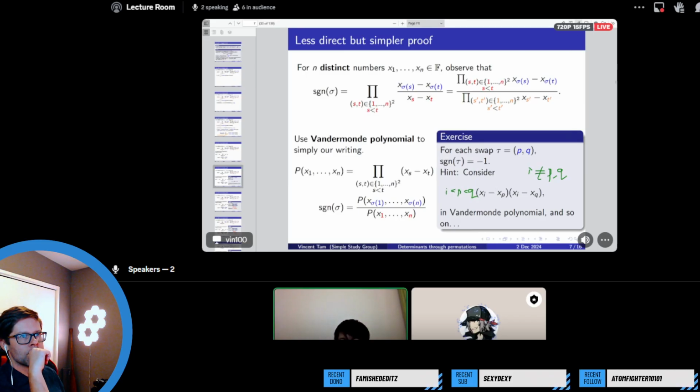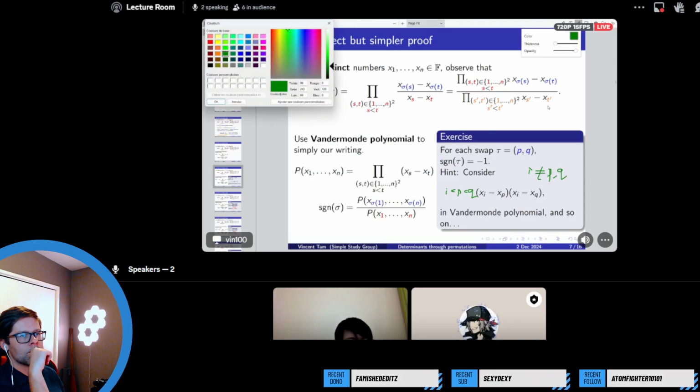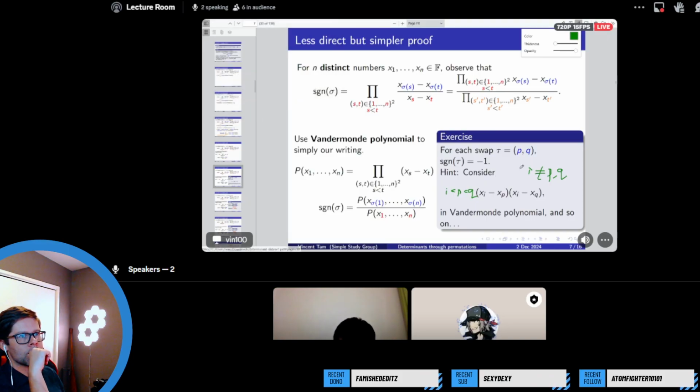So the only pair that has changed is xp minus xq. If you swap P and Q, then the sign will be changed.